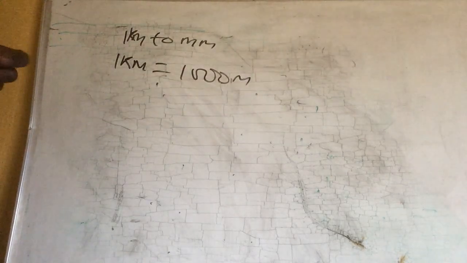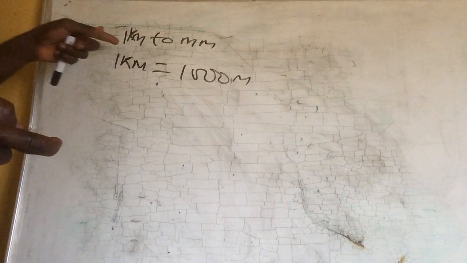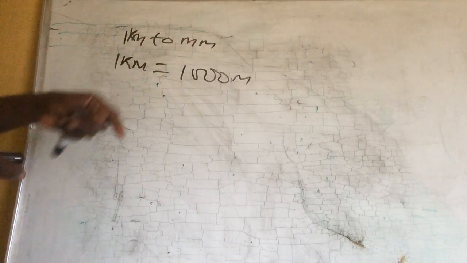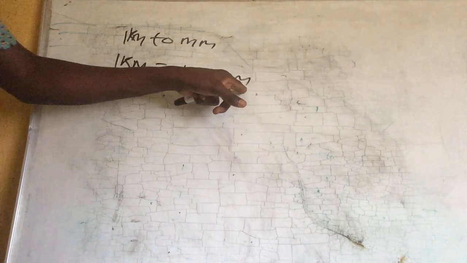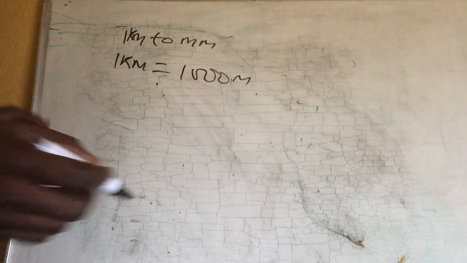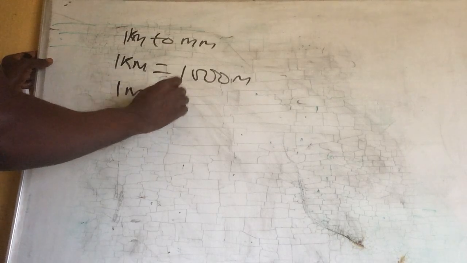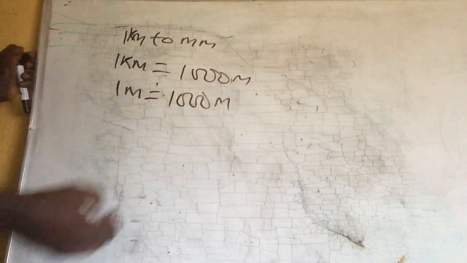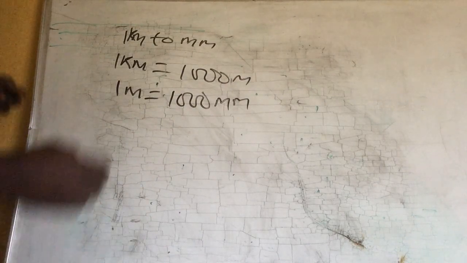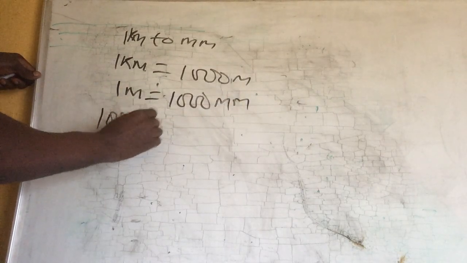It's simple. It's basic. I've given it to you. Do you understand? So now moving ahead to convert to millimeter, I will use this 1000 meters to convert it to millimeters. Now I think I've given you 1 meter equals 1000 millimeters. Then this 1000 meters, you write it at the side of meter and say what it is here.